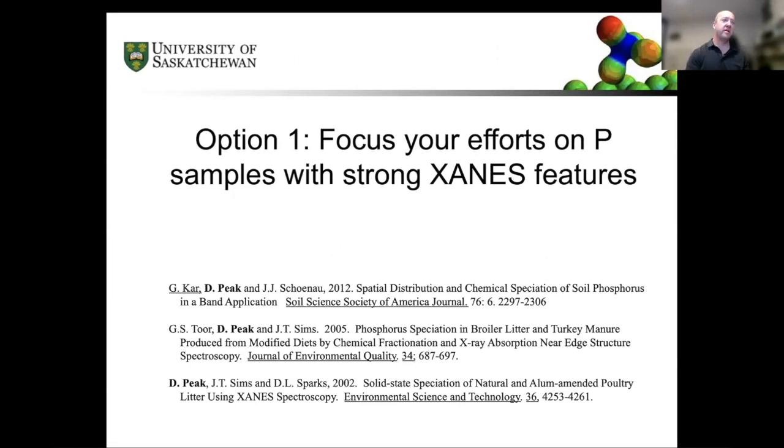All right, and the first option is just to go after low-hanging fruit. You could study samples that have very strong XANES features. That could mean that if you are interested in the fate of organic fertilizers and manures and biosolids and things like that, then rather than try to study them after they've been placed into a soil and diluted and undergone transformations, study them as the initial material and start to look at how conditions like the diet of the animals and the synthesis conditions of the biochars are going to change the phosphorus chemistry and speciation.